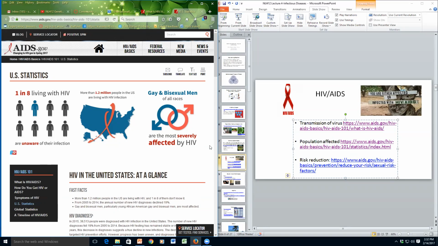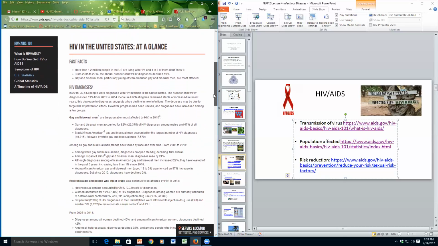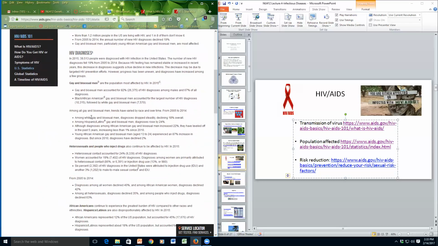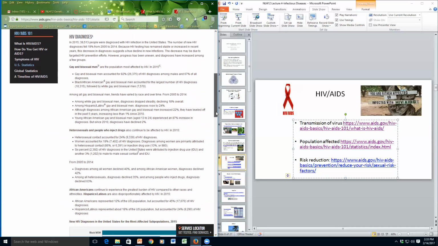The last pictorial graphic identifies that gay and bisexual men of all races are the most severely affected with HIV. So again, we have a vulnerable population that we're working with, and we want to make sure that we're continuing to be advocates as nurses to ensure their safety and their continued health.